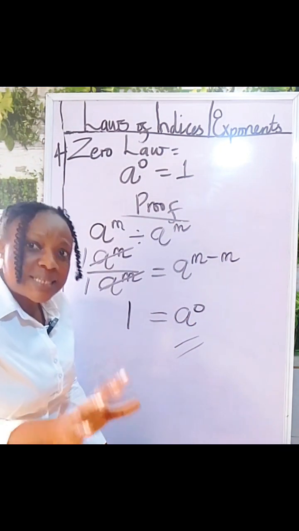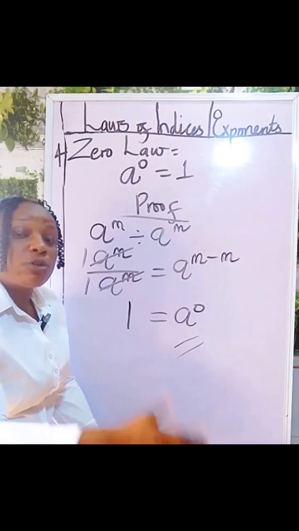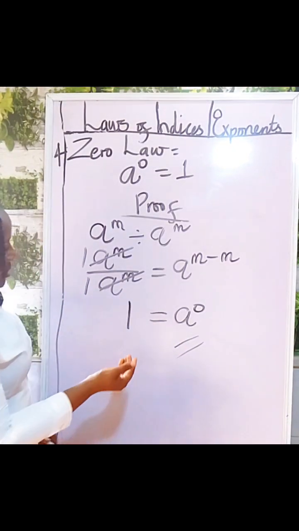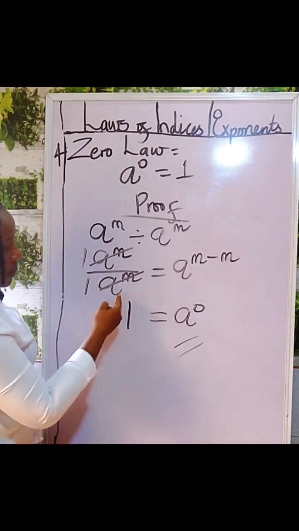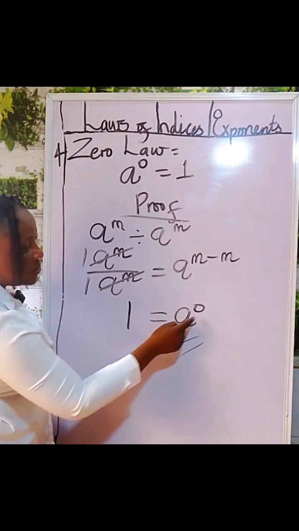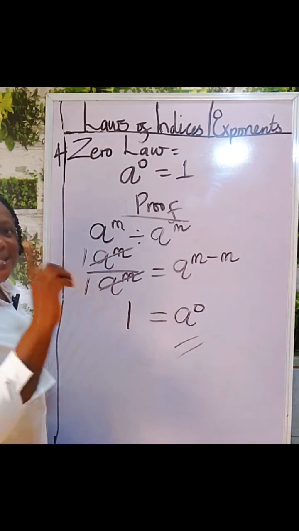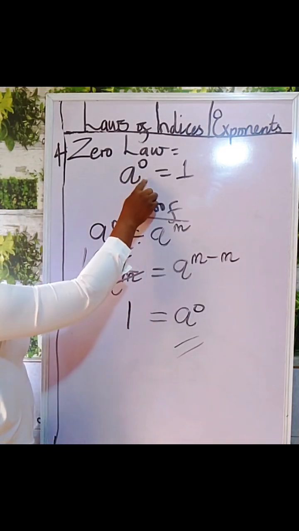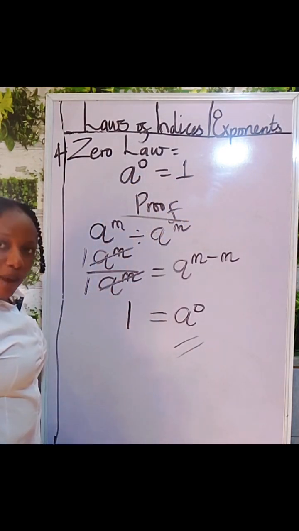That is a proof that 1 is equal to a^0. Remember in mathematics, the left hand side must be equal to the right hand side. That is the proof that a^0 is equal to 1.